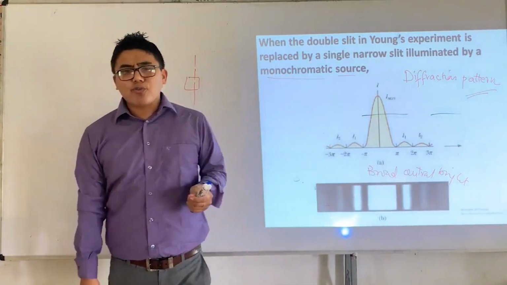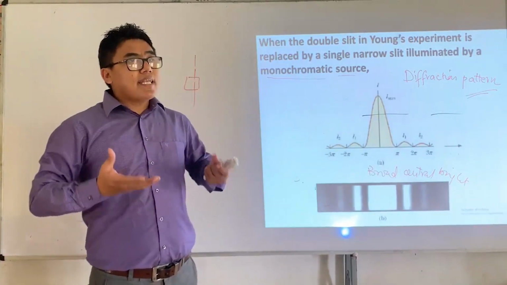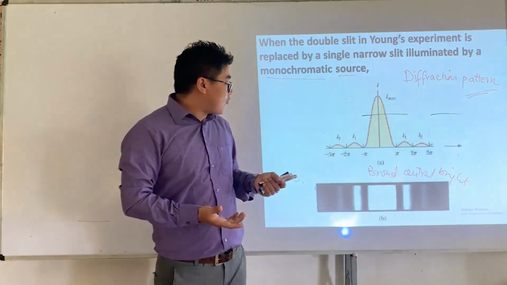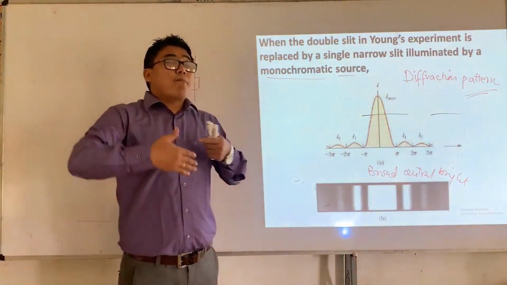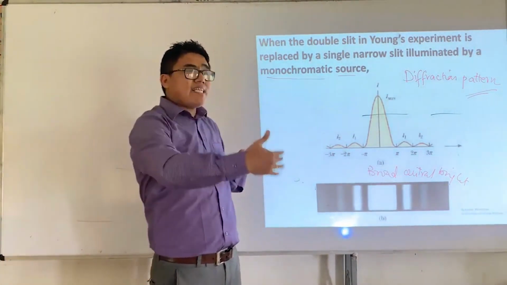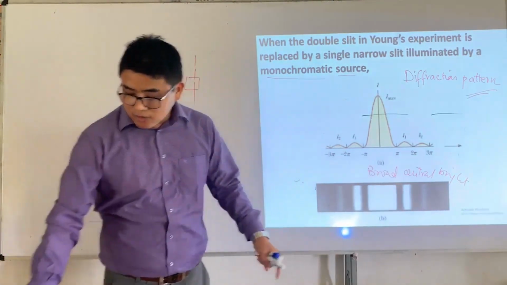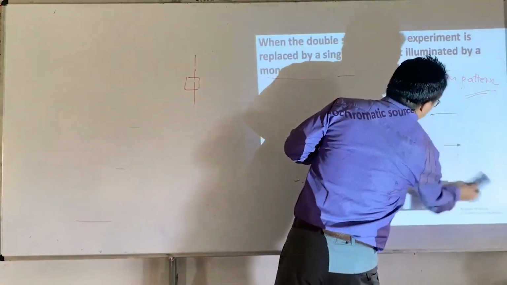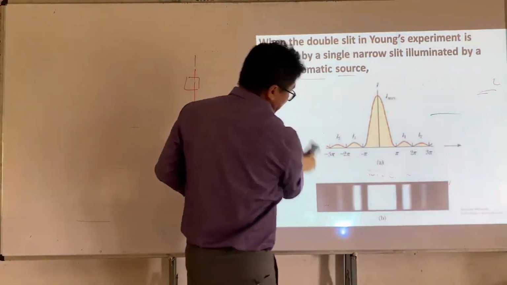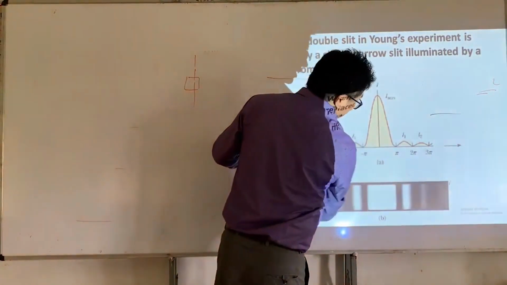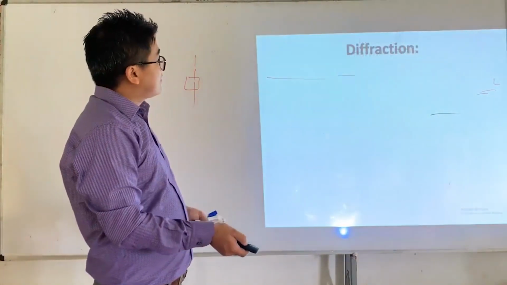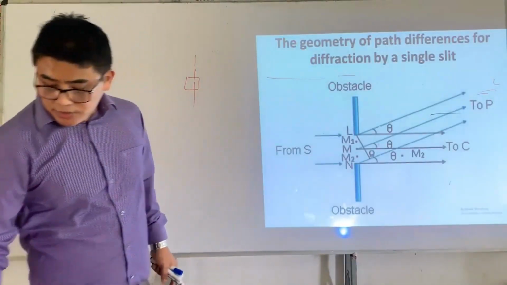Now we are going to find the intensity of the central bright, and then the positions of the first secondary bright and second secondary bright. This is what we observe when we remove one slit of a double slit experiment. Maybe they may ask an example.